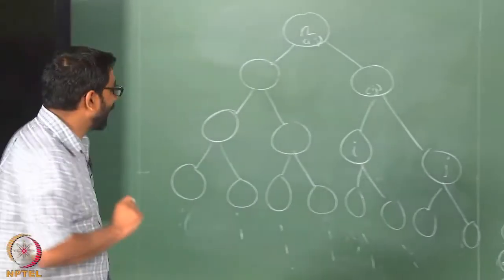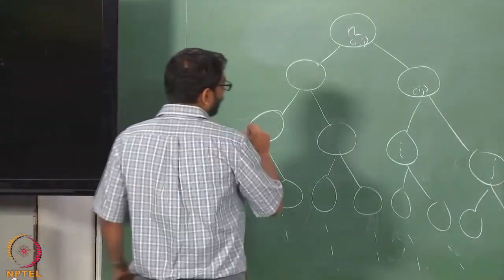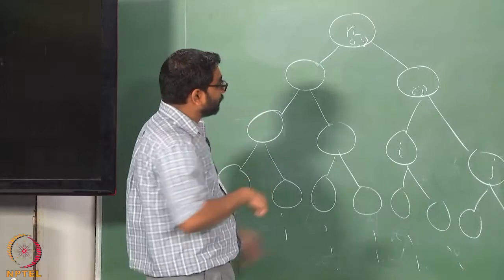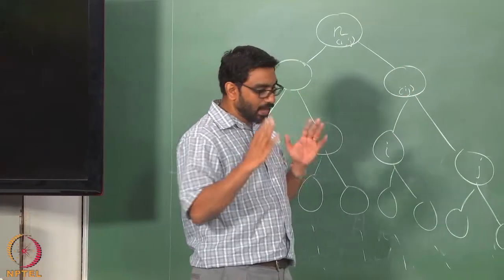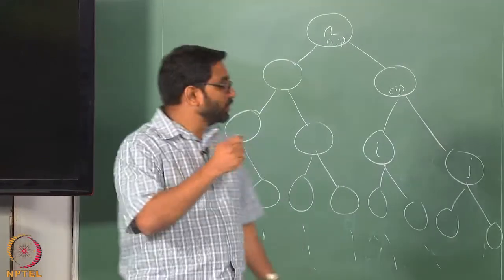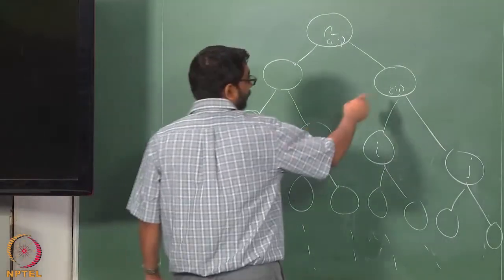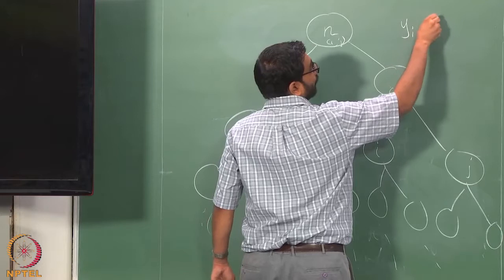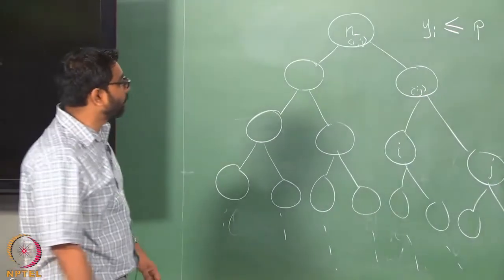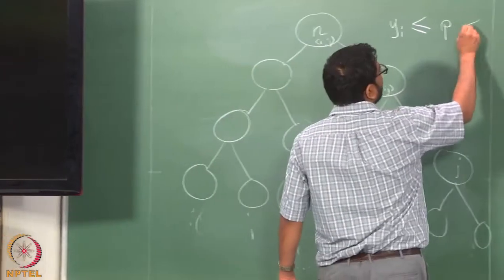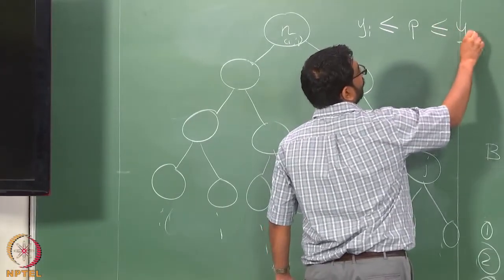Why did that split happen? It happened because a pivot was chosen, and that pivot has a value somewhere between Yi and Yj.